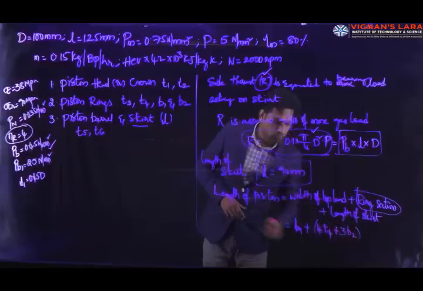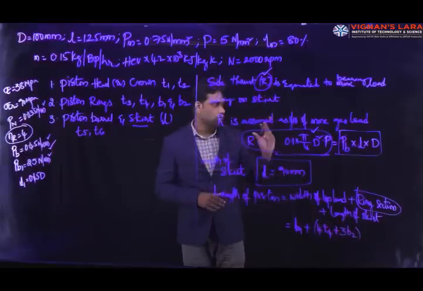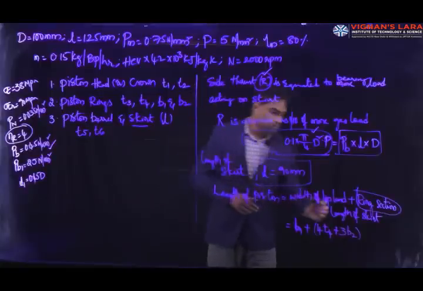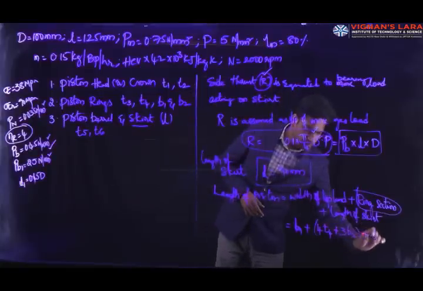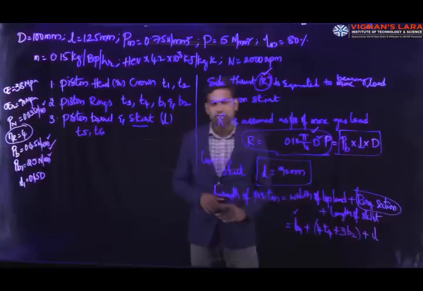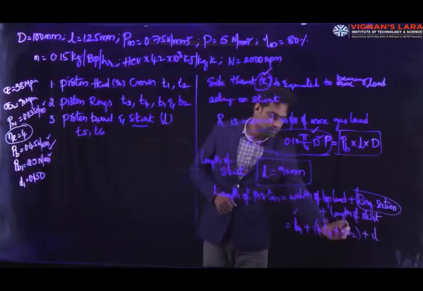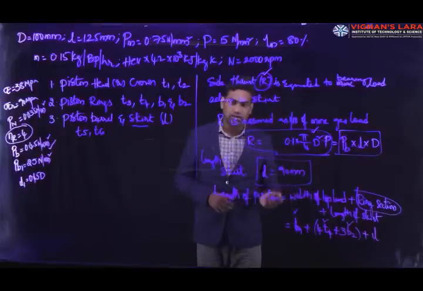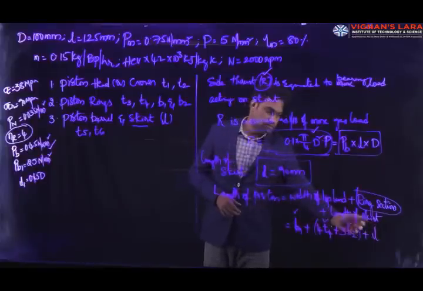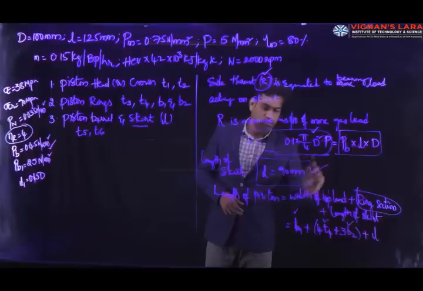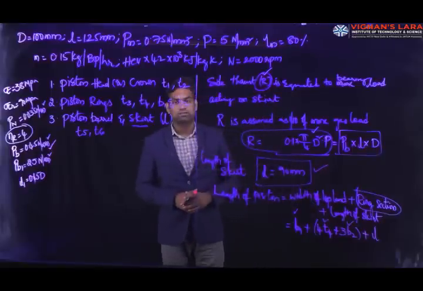So 4T4 plus 3B2 gives the total length of ring section, plus the length of skirt, that is L. Here B1, the width of top land, and the axial thickness of the rings are already calculated, B2 is determined using an empirical relation, and L, the skirt length, is calculated by equating the side thrust to the bearing load acting on the skirt.